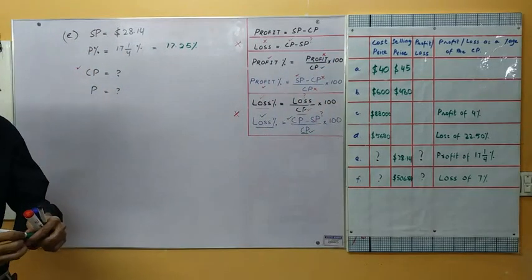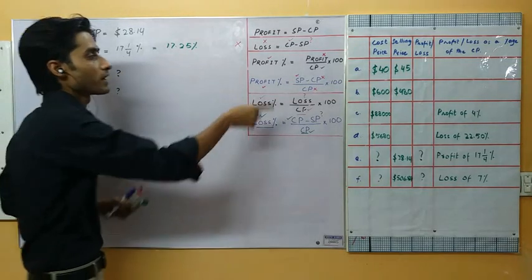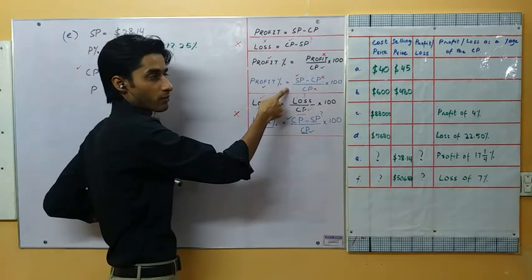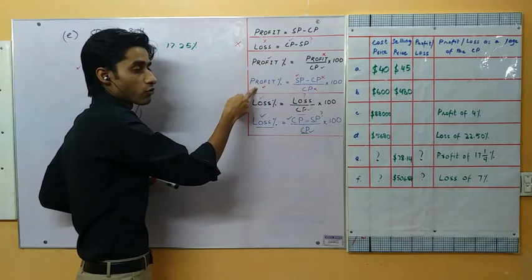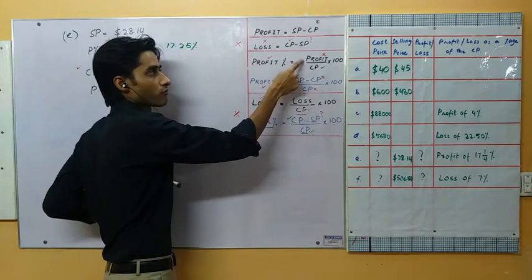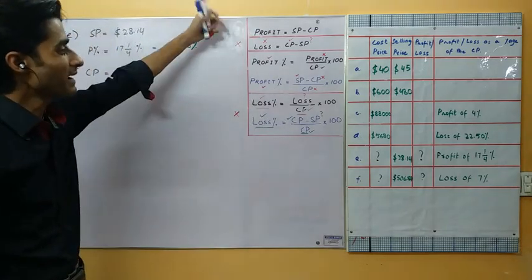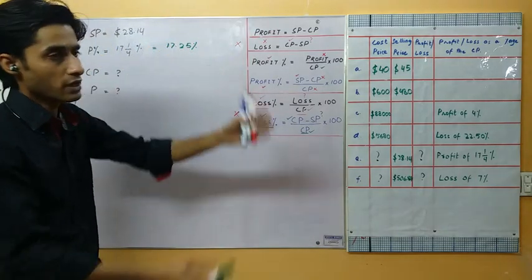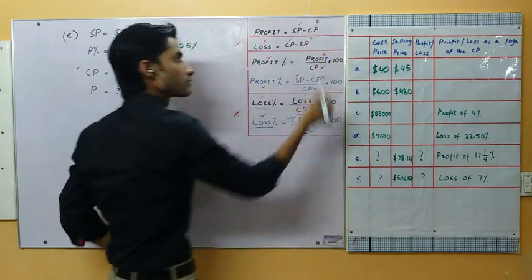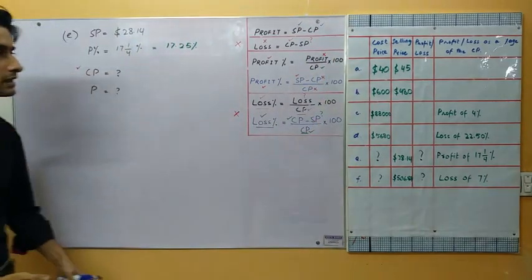This formula can now start working, but I would suggest that it will take longer to calculate profit with this formula after you have calculated cost price from here. So after you have calculated cost price from here, do not switch to this formula for the calculation of profit. Instead use this. This will make things much easier for you to calculate profit because you have the selling price from the beginning and now you also have the cost price.